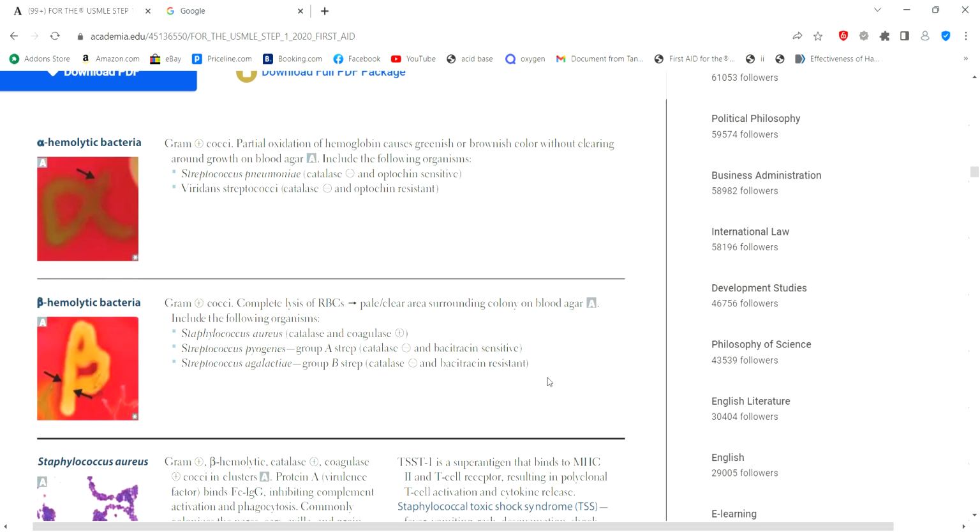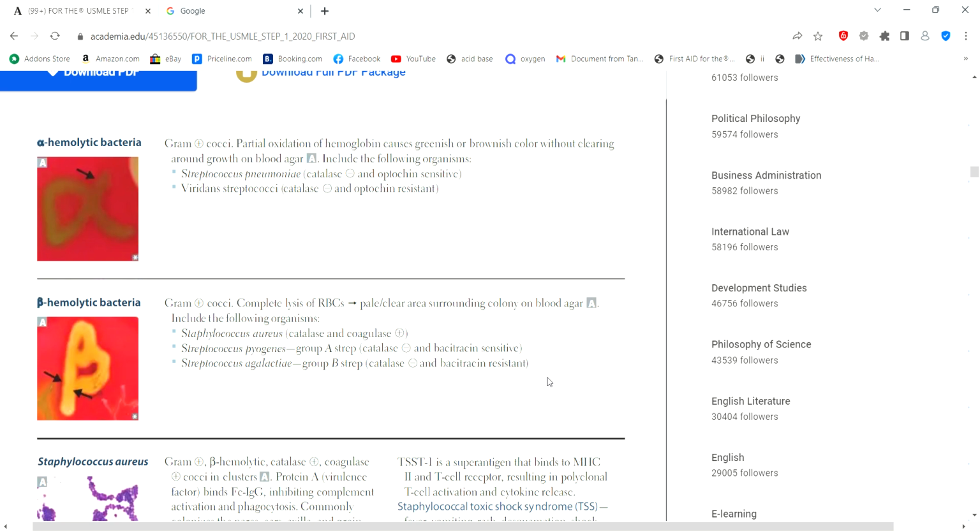We have Streptococcus pneumoniae, and it is catalase negative and optochin sensitive.